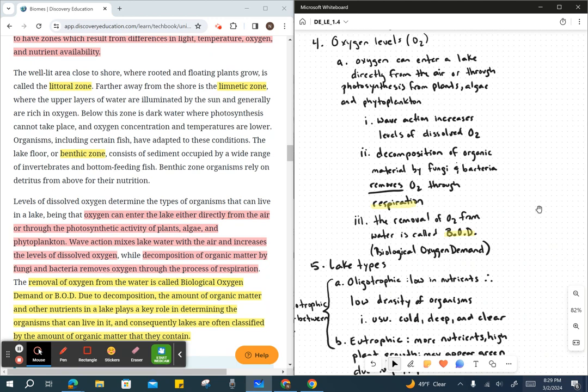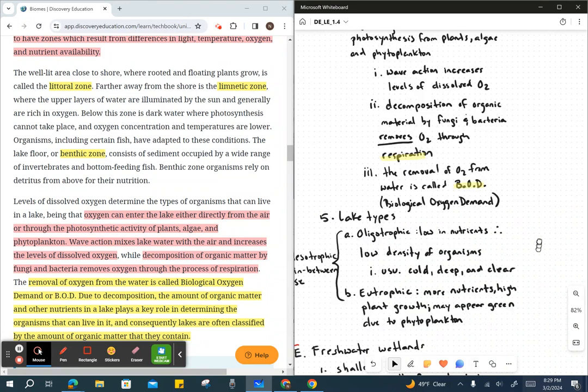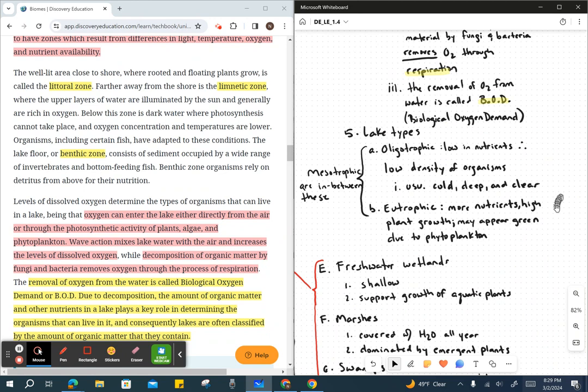A lot of algae grows there, but once the algae dies, then bacteria has to consume it. So it actually is kind of an odd way to look at it, but the bacteria actually suck up all the oxygen, and so you produce dead zones. So again, that's on the idea that oxygen can be removed by these decomposers.